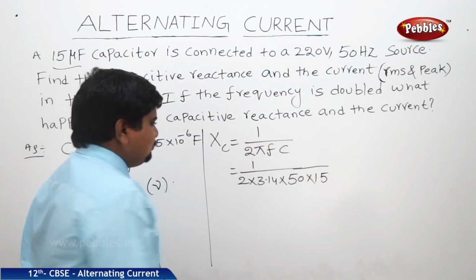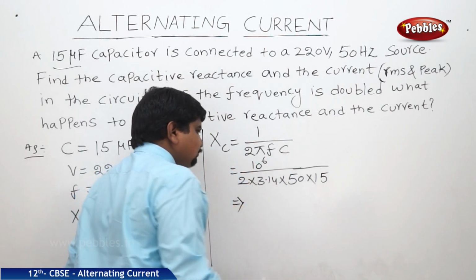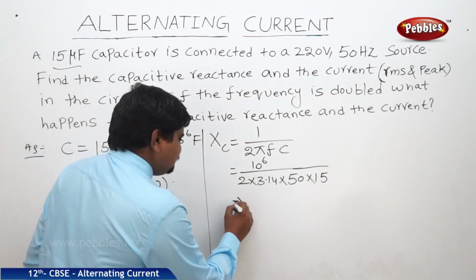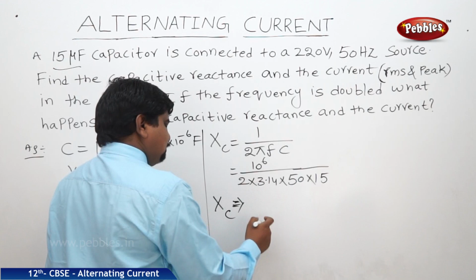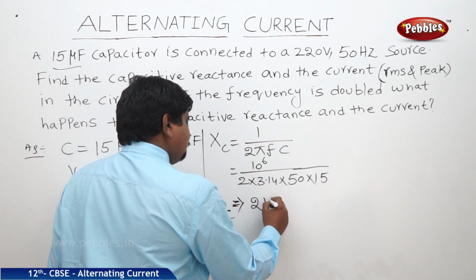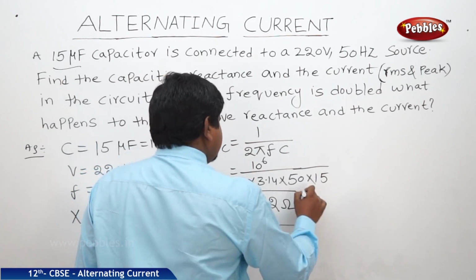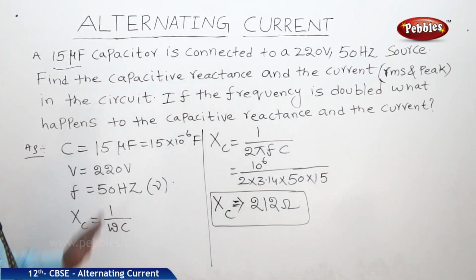This 10 power minus 6 goes up. Now solving this, we get Xc equal to 212 ohms. This is the capacitive reactance. Okay, the first part is over.